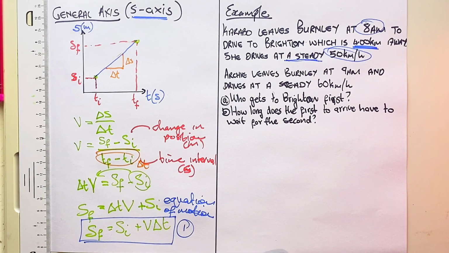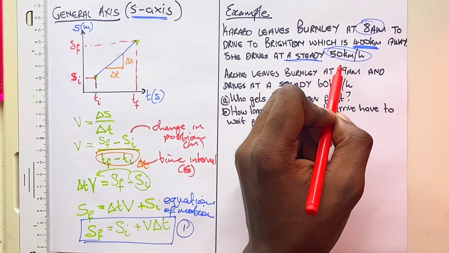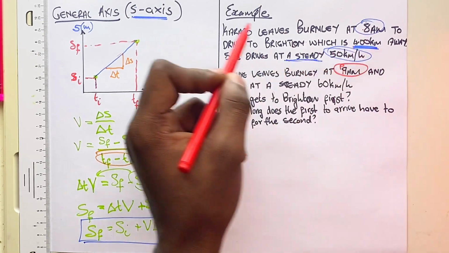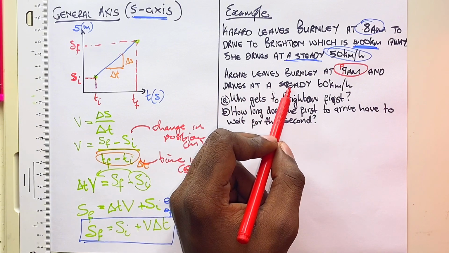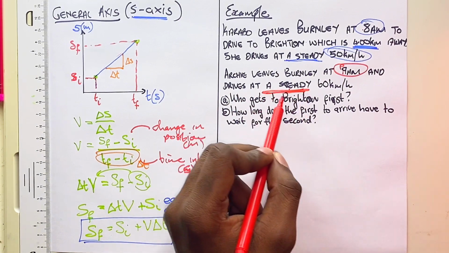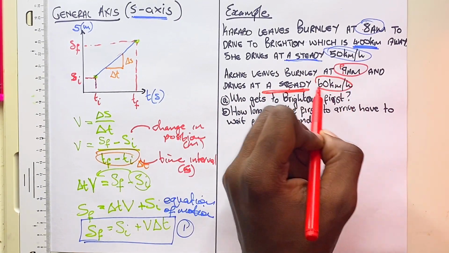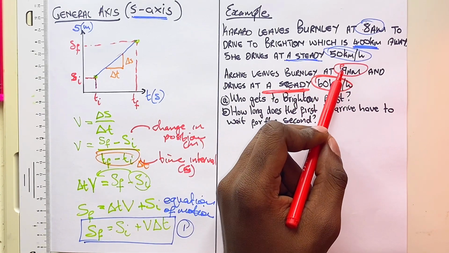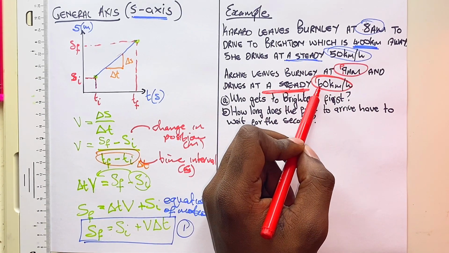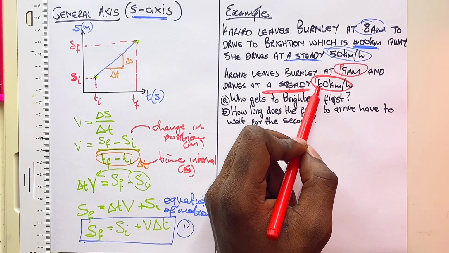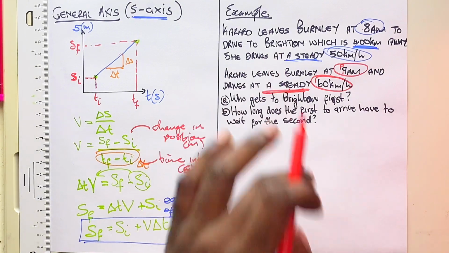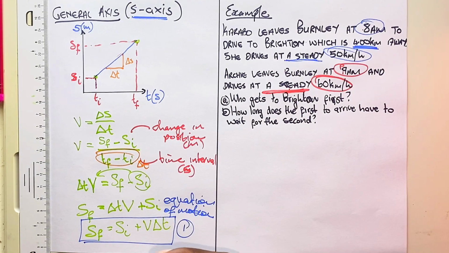At the same time, Archie leaves Burnley at 9 a.m., an hour later than Karabo, and drives at a steady, constant, uniform motion of 60 kilometers per hour. So she leaves later, but she's traveling faster, 10 kilometers per hour faster. So the first question is, who gets to Brighton first?